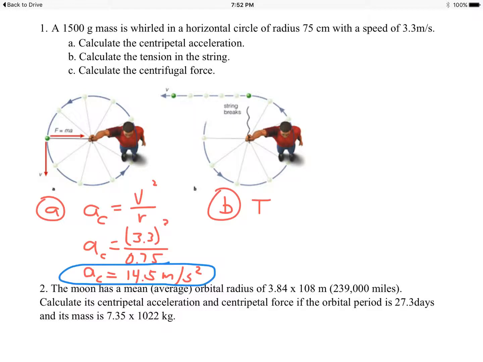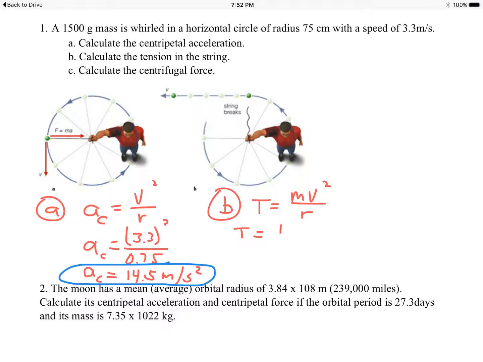So T equals mv squared over r, because T is the centripetal force, and centripetal force is mv squared over r. We could take a shortcut and multiply our mass times the acceleration we got in the first part, but I'll plug everything in again for illustrative purposes.